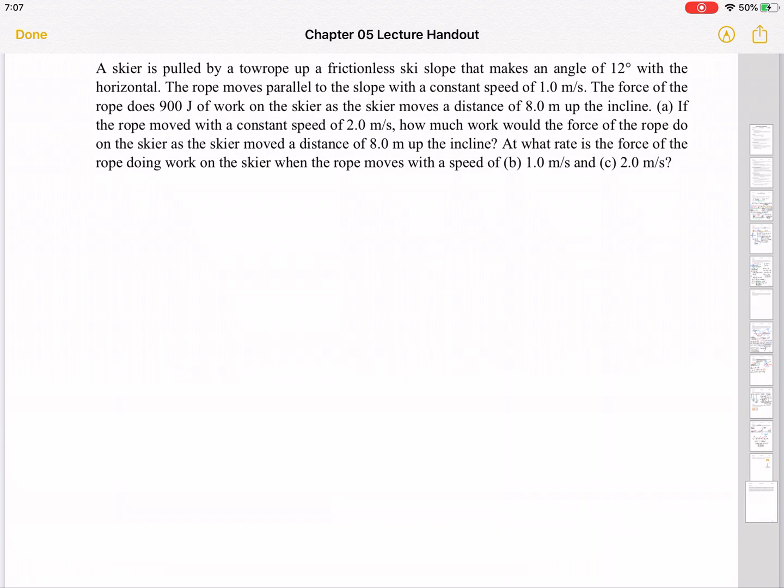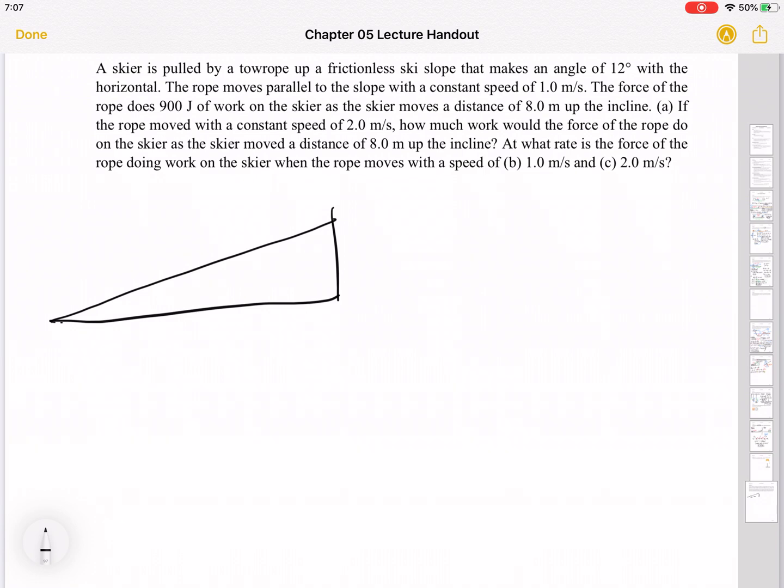So let's just draw that picture for starters. Right? It's a good place to start. I'm probably going to exaggerate the 12 degrees. That's bigger than 12 degrees. But it's shallow, right? That's pretty okay. So then we need a skier, holding a tow rope. There's my skier.